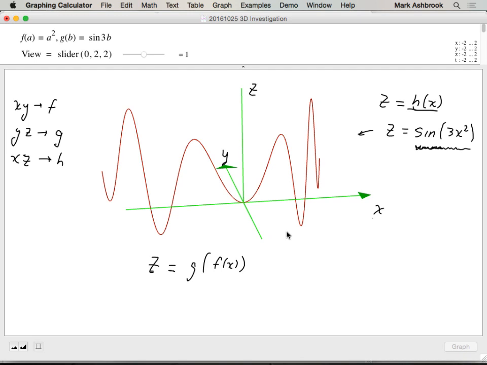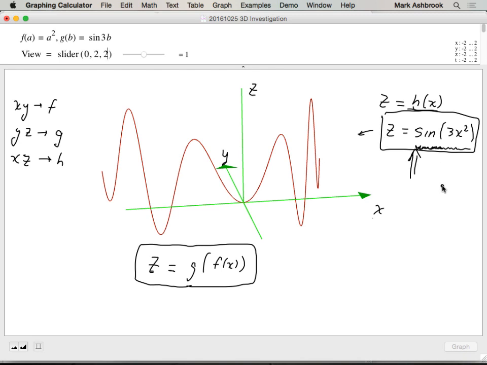So you're saying it changes based off of what you want to see. What I'm saying is there are two ways to talk about the composition of f and g. You can talk about it this way, h of x, and you can talk about it this way. And that is in agreement with the way that you view the graph. If you just view the zx plane and take y out of the view, you get this version of the composition where we took y out.